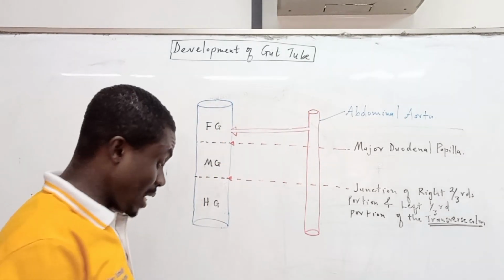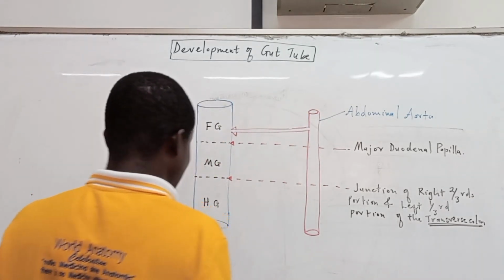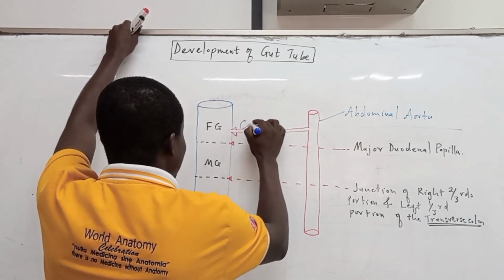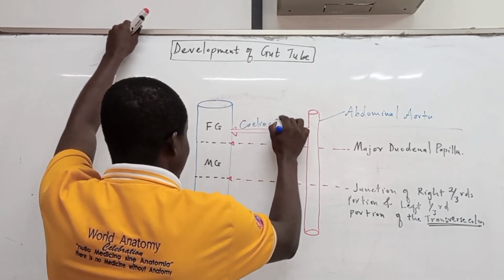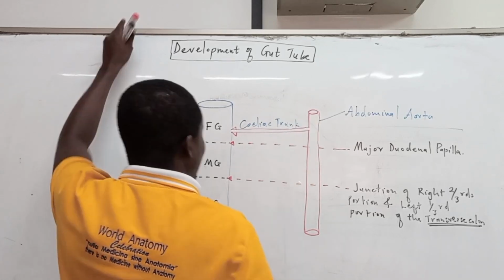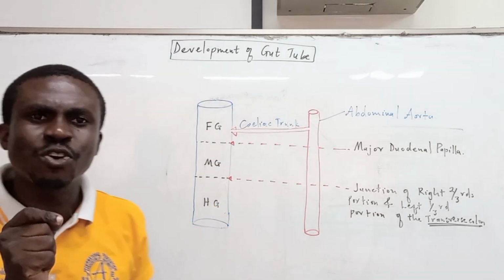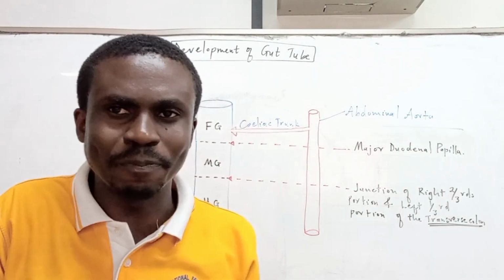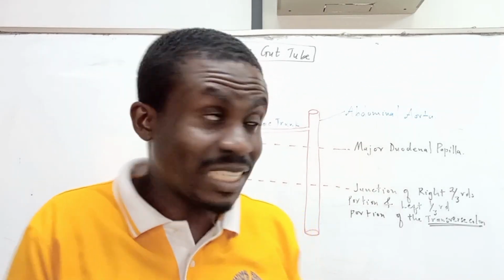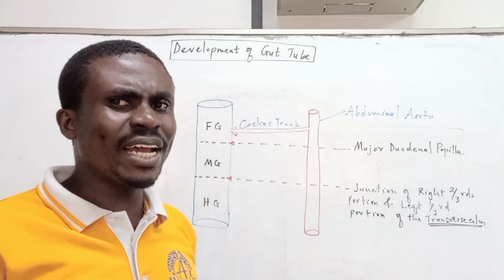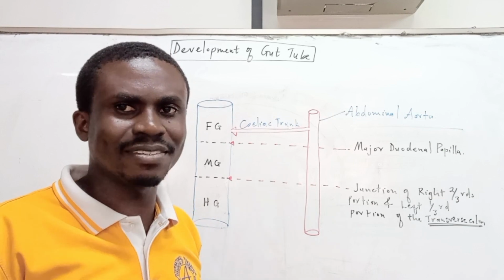And who is this guy? My friends, I want you to know that we are talking about the celiac trunk. So whenever you see any portion of the gut tube postnatally and its blood supply is a branch of the celiac trunk, then you know that it's a derivative of the foregut.